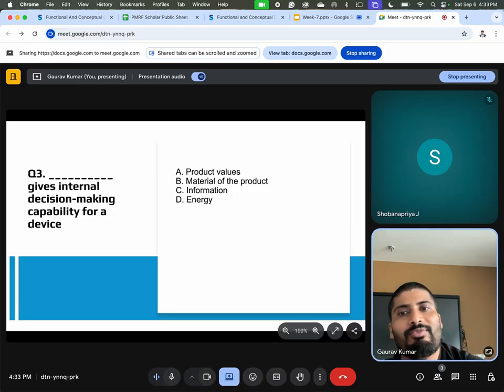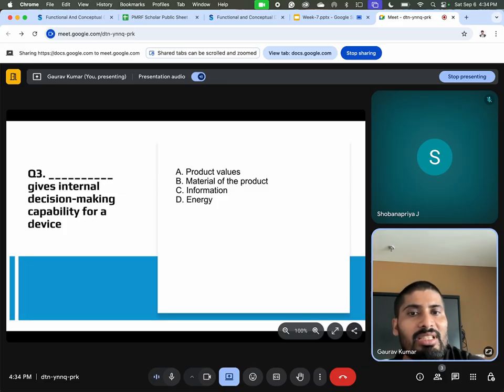Okay, so information is the critical flow that allows a device to make internal decisions. It carries signals, commands, and feedback that guide the system's operations. For example, in a printer, the information about the documents to print, the color setting, and ink level dictates how the device functions.